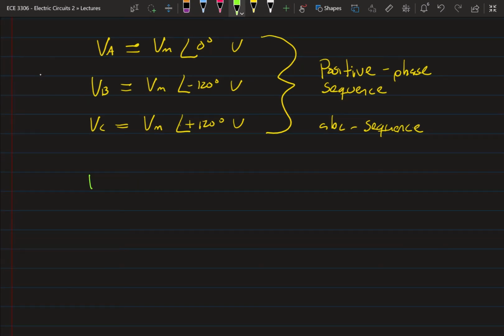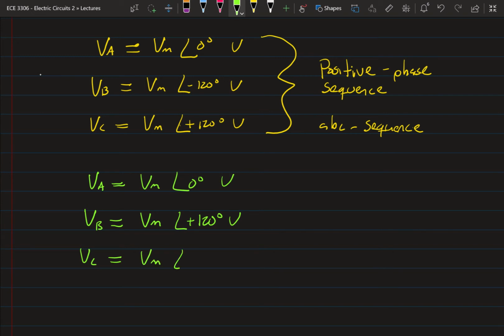In the negative phase sequence, VA is still the anchor point. VA is Vm at 0 degrees, but VB and VC are flipped. VB is now at plus 120 degrees, and VC is at minus 120 degrees.